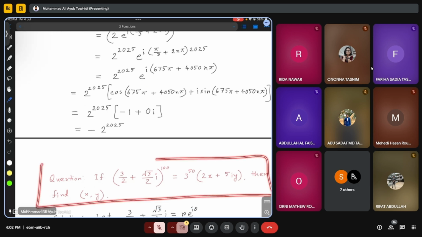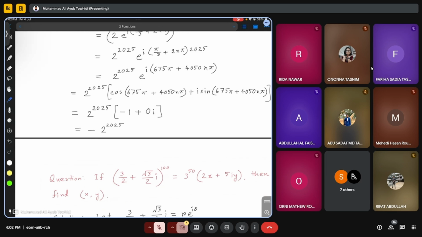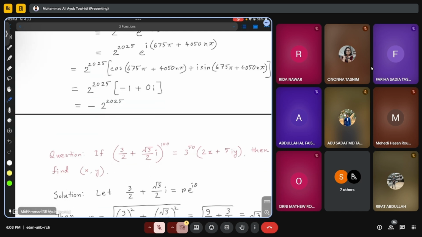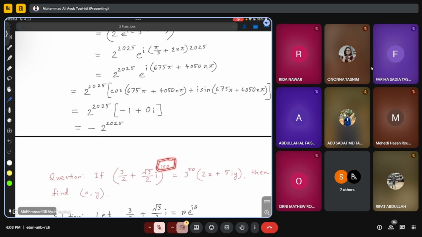Look at this problem. How can we solve it? Okay, so there is a big power, 100.